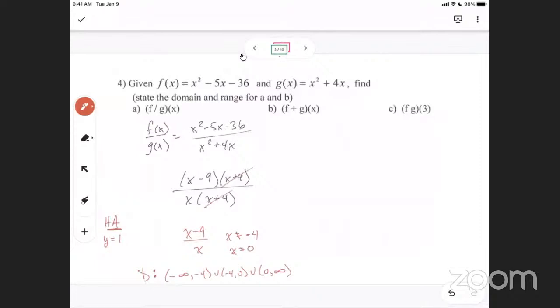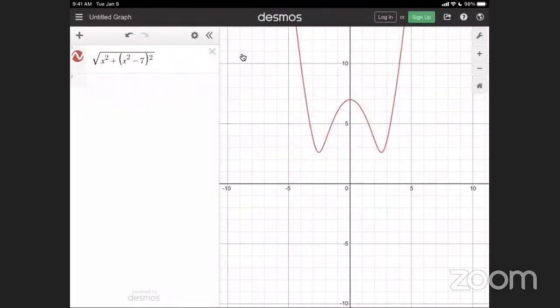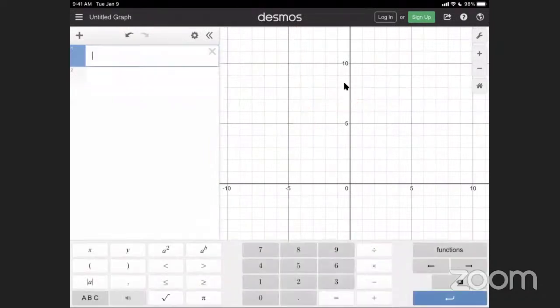Now, one thing we could do to double check that is to actually graph this. So if we look at this on Desmos, it's x minus 9 over 11, x minus 9, let's see, divided by, nope, that didn't work. Let's try this.